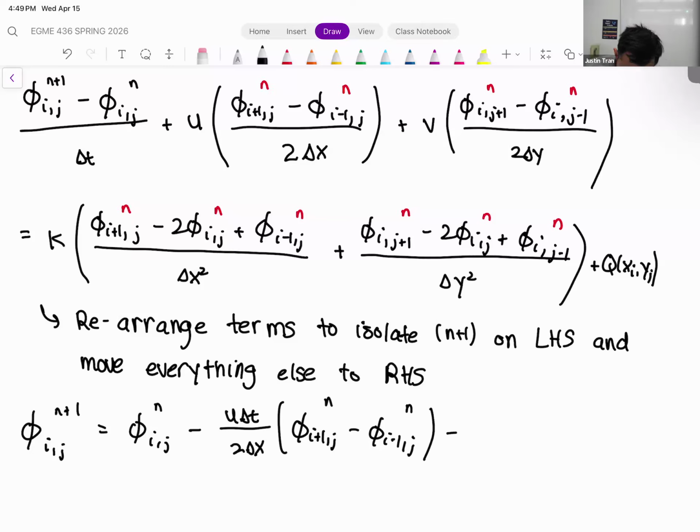Same thing for the y velocity. So this is minus v delta t divided by 2 delta y, times phi i,j+1 at time step n minus phi i,j-1 at time step n.